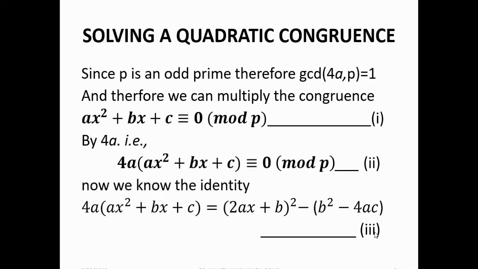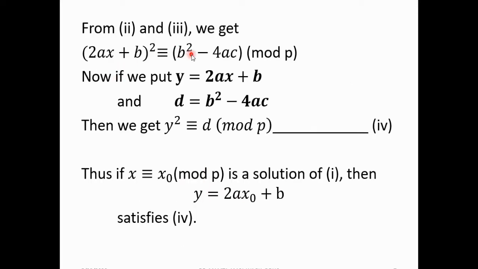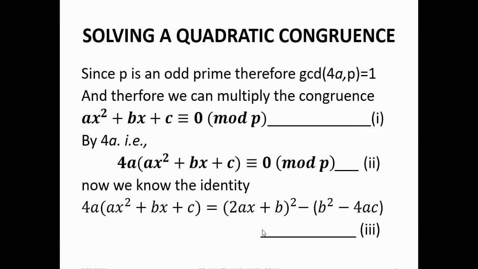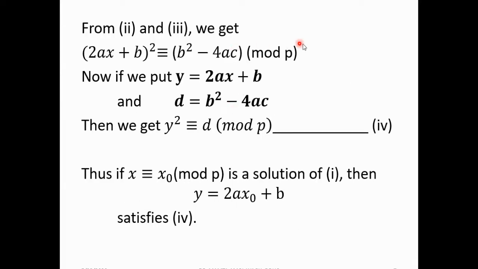Now from second and third, second is this 4a times ax square plus bx plus c congruent to 0, and in third we are giving this formula. So let's just use this in second. We get 2ax plus b whole square congruent to b square minus 4ac mod p, because this will be congruent to 0 modulo p. So we get this.